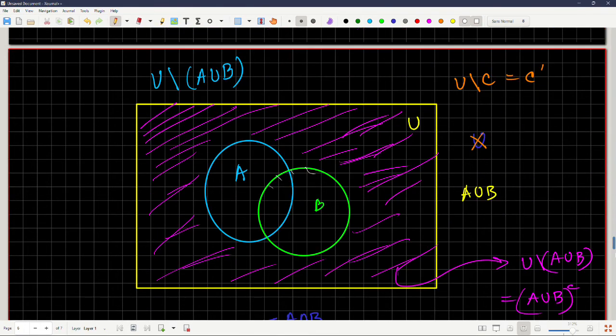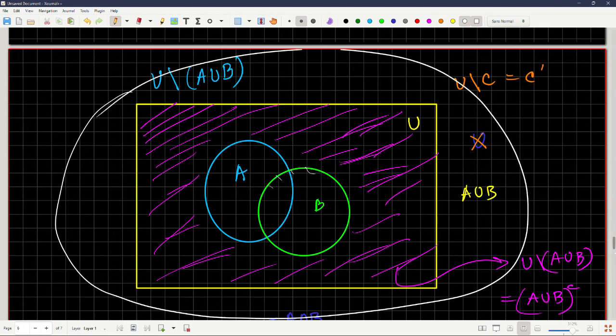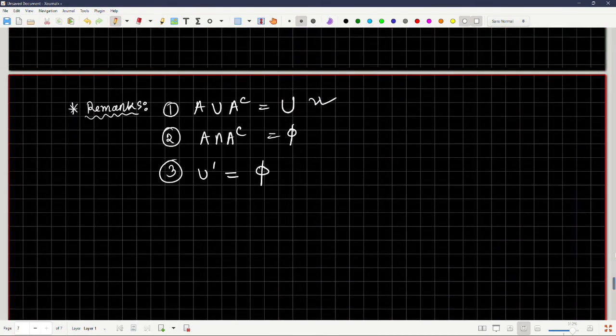Let's say you are talking about this rectangular region over here. If you drew another region like this and called it V, then this U would not be a universal set, because it's a part of a larger set. So by definition U prime, or U complement, is just the null set, and the complement of the null set is U itself.